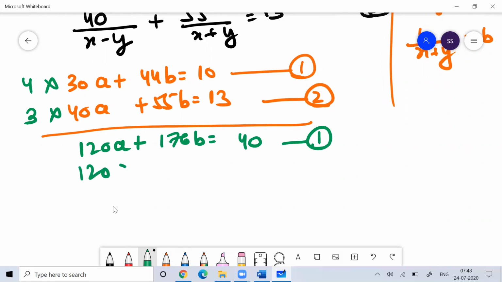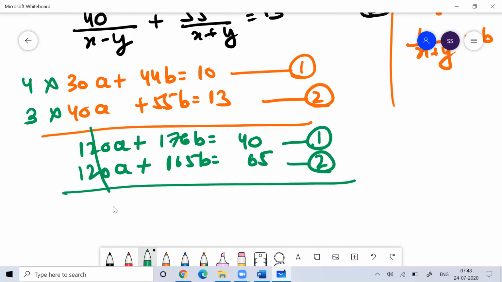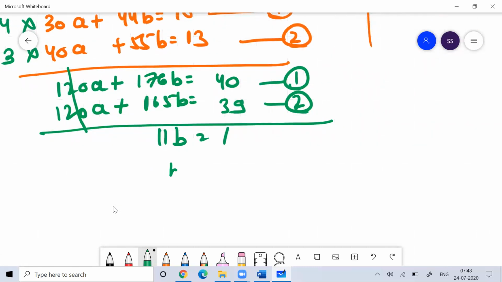This is 120a plus 165b is equal to 39. Sorry, this is 39. So this is 11b equal to 1. So b equal to 1 by 11.